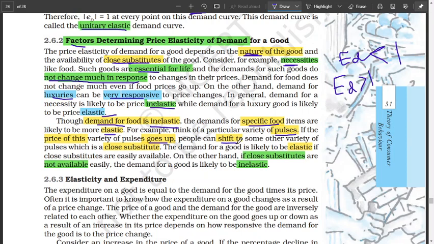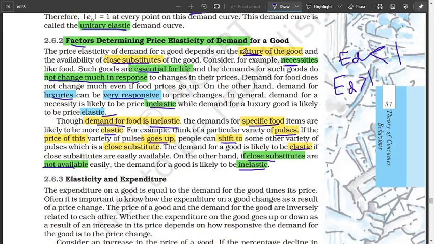Then in that case, if that commodity has substitutes and they are becoming costly, you don't buy them anymore, you buy others which are similar to them, and the demand is elastic. But if substitutes are not available and their price has increased, you cannot do anything because you cannot substitute them by other goods. There are no related goods to them. Then the demand is inelastic, less than 1.